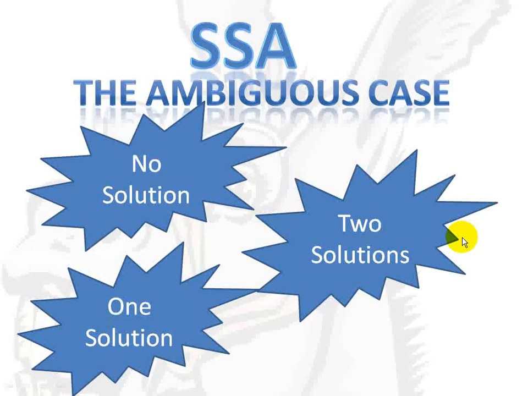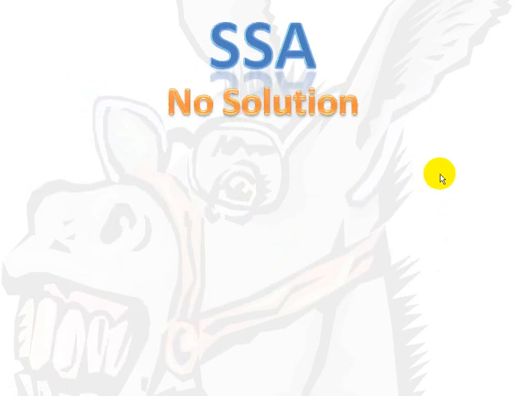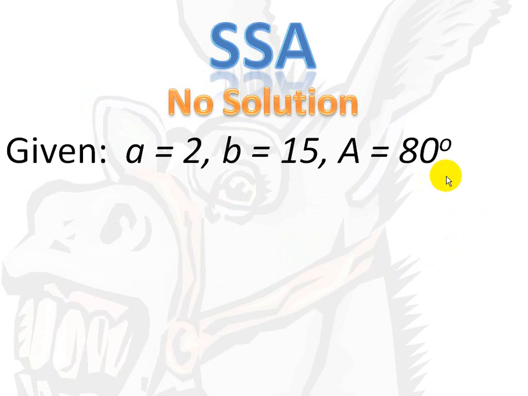If you're ever given side, side, and angle, be careful because you could have any one of these three. So let's look at the case where you have no solution. How could that be? Well, consider this.